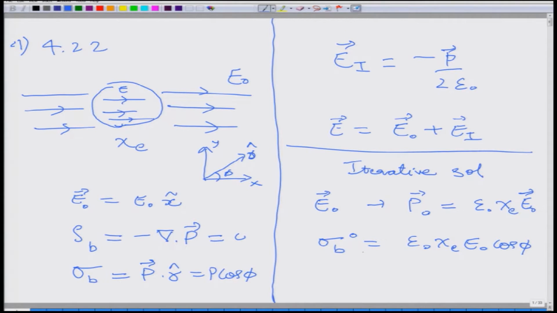This surface charge density in turn induces another electric field E1, which is minus chi E E naught by 2.